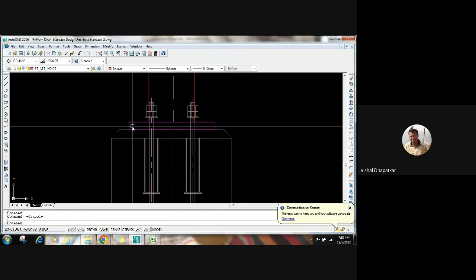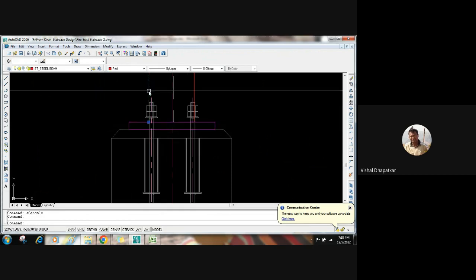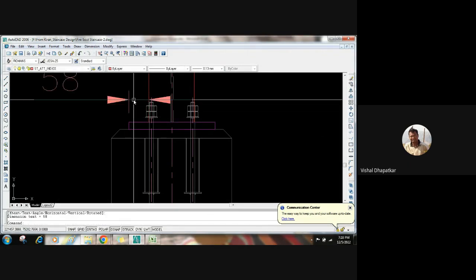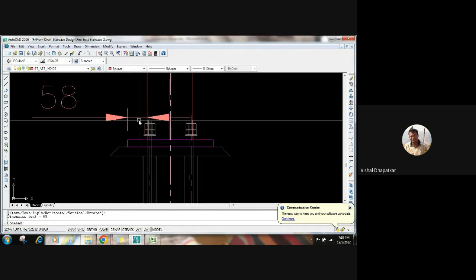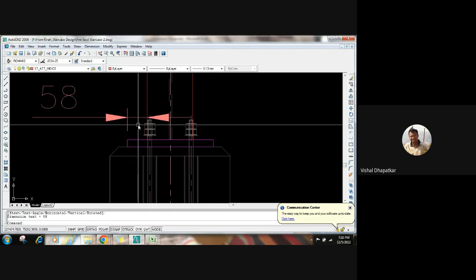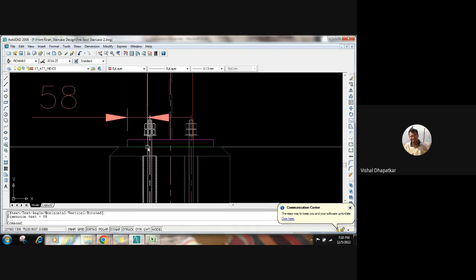This is the base plate. It is the same as a footing. Your footing has the same arrangement. If there is a pressure from the bottom, the plate will be cantilever for this much length, right? So it will try to bend, similar to a footing.